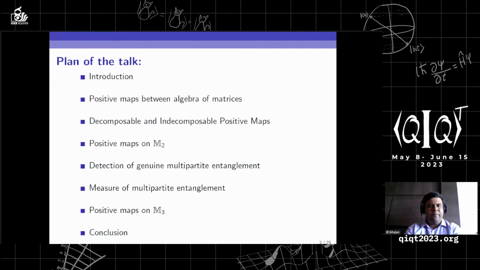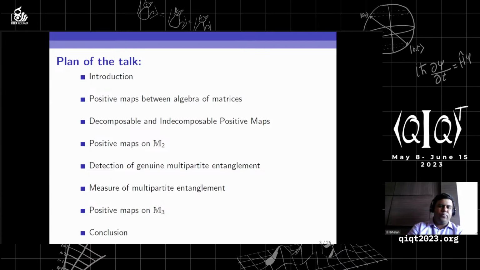So this is roughly the plan of my talk. First, I'll introduce the notion of positive maps, mainly positive maps between algebras of matrices. I'll discuss decomposability and indecomposability of positive maps. Then I'll concentrate on positive maps on M2, the algebra of 2x2 complex matrices.